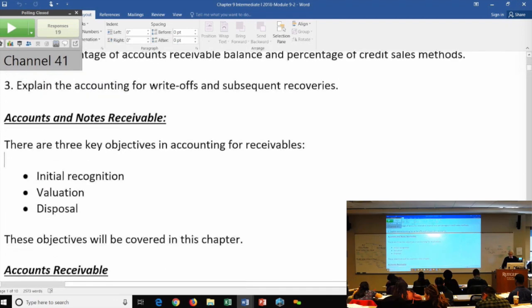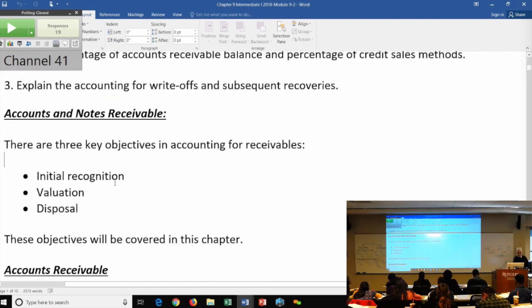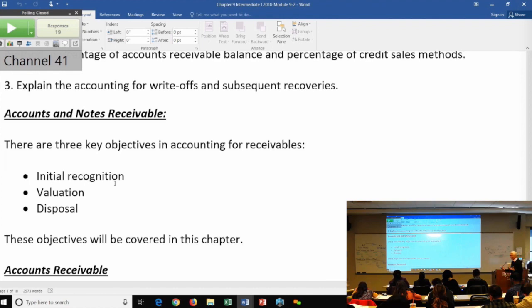So the first thing we did in module number 1 was talk about the initial recognition. So what affects the initial recognition? So far, all we know are sales discounts, correct? Starting in chapter 8, intermediate 2, lots of other things could affect the initial recognition of the sale. As we said, the probabilities and bonuses and penalties that are built into contracts would be included.